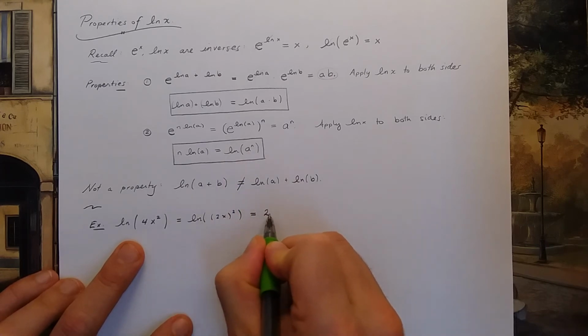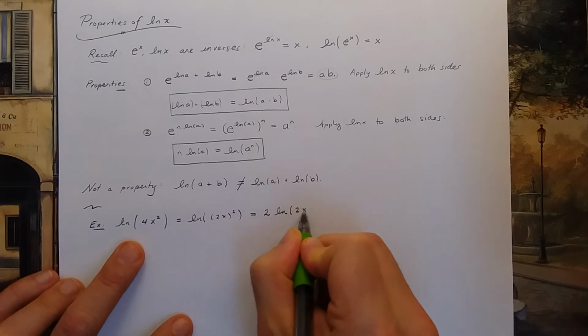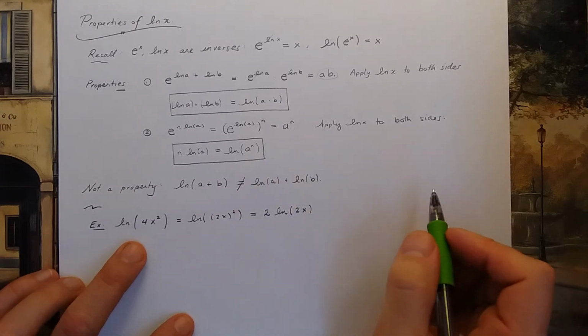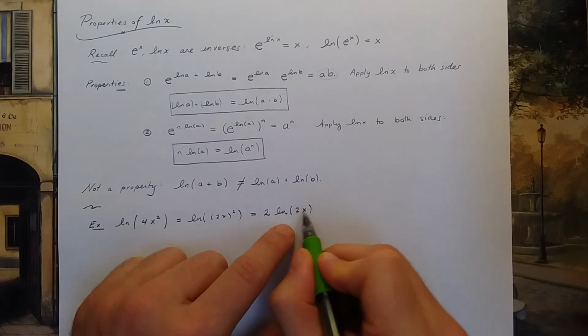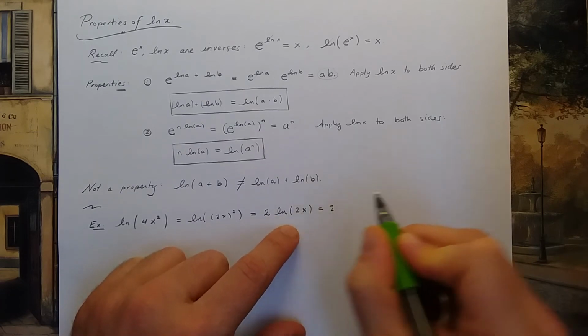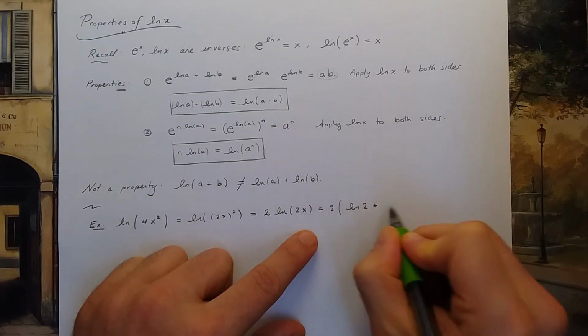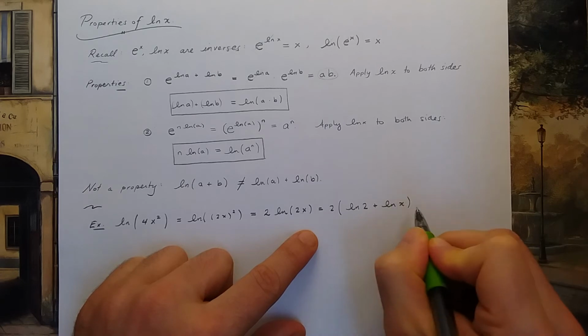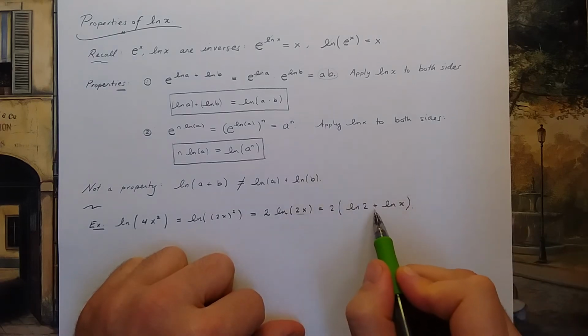This becomes 2 log 2x. I could even go one step further because I have log of a product, 2 times x. If you'd like, you can write this as 2 times log 2 plus log x. So logarithms turn multiplication into addition.